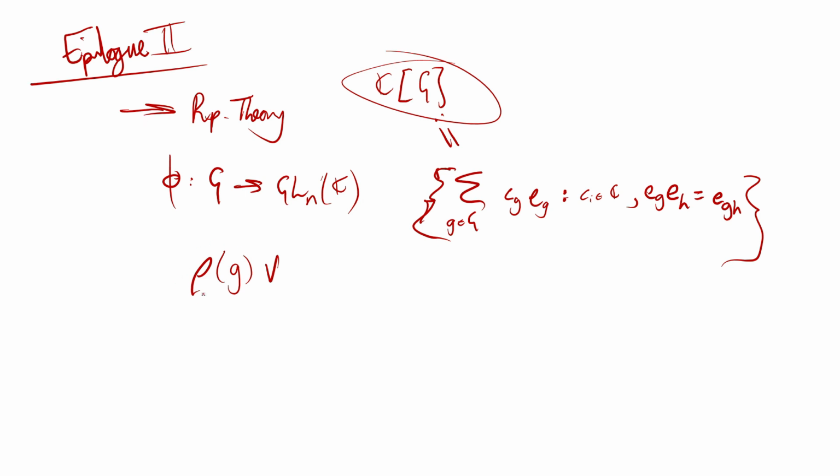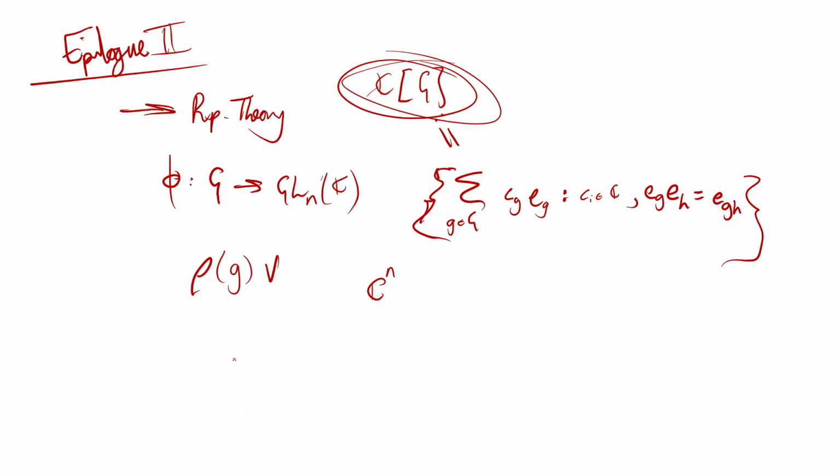But this rho of g times v, this is a module of this group ring CG into C^n.